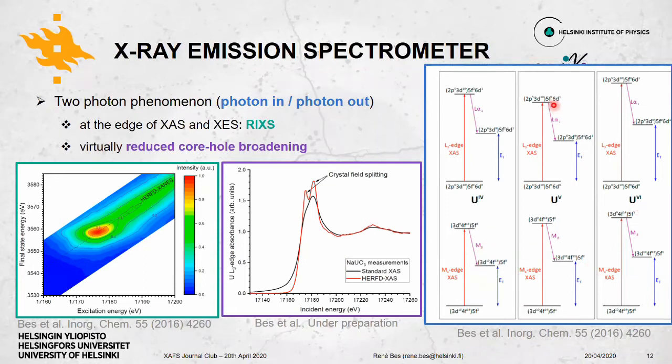And what has to be mentioned is that for the L3 edge, usually uranium 5+ is a little bit more tricky to measure because the shortening of the bonds, of two bonds in the uranium environment, makes the energy level of uranium 5+ a little bit less than uranium 4+, which makes life a little bit more complicated, as demonstrated by Neil Hyatt a few weeks ago in his presentation.